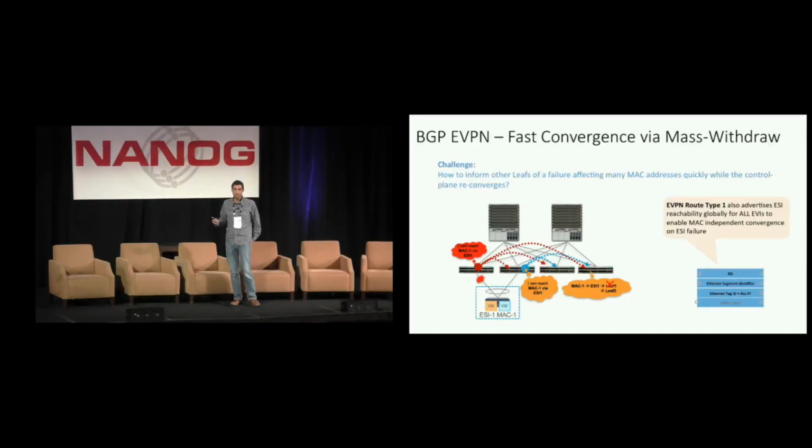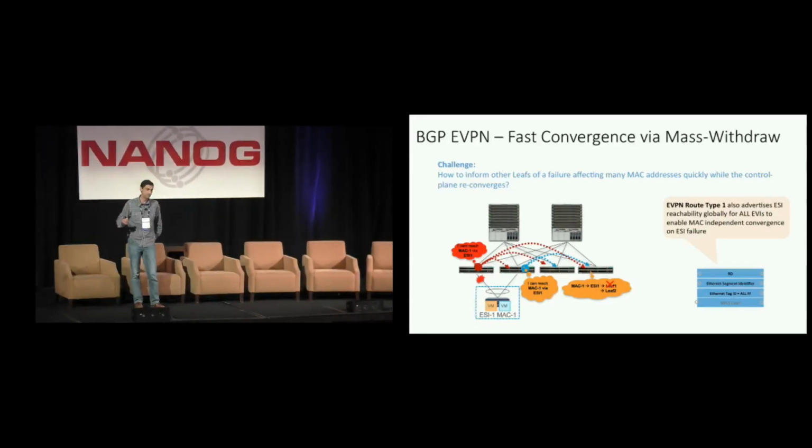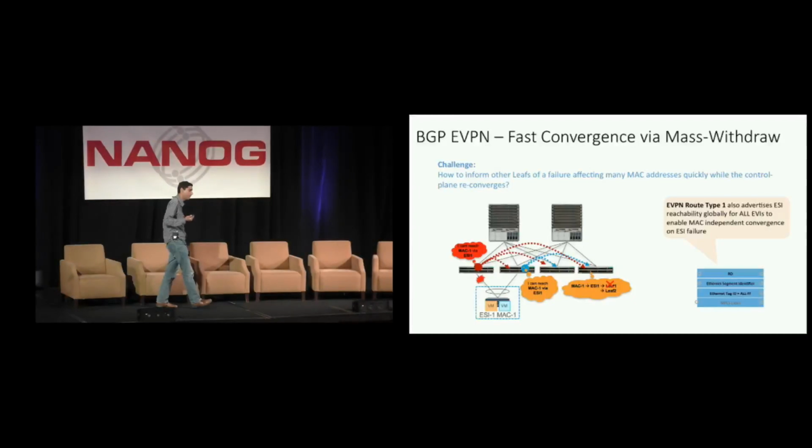So this is accomplished via a mass withdrawal mechanism in EVPN, which is essentially each leaf advertises, in addition to what we saw with aliasing, where each leaf advertises ESI reachability within the EVI context, each leaf also advertises attached ESI's reachability at a global level across all EVPN instances to all the leaves via a single route, which is again defined as an EVPN route type 1, Ethernet auto discovery route.